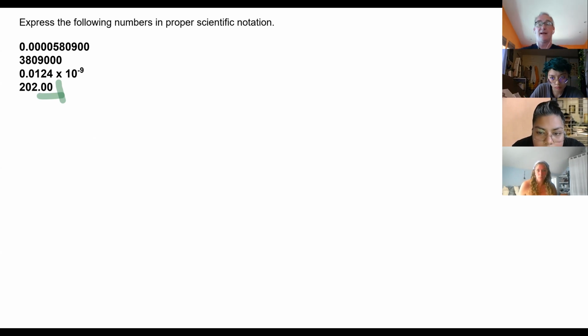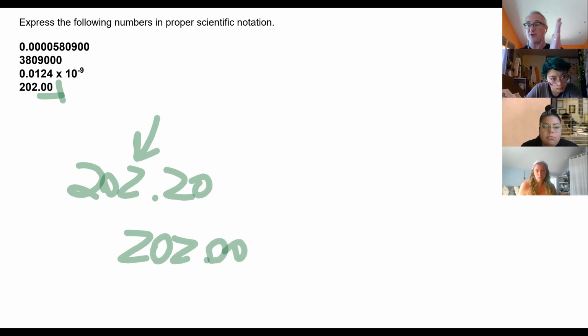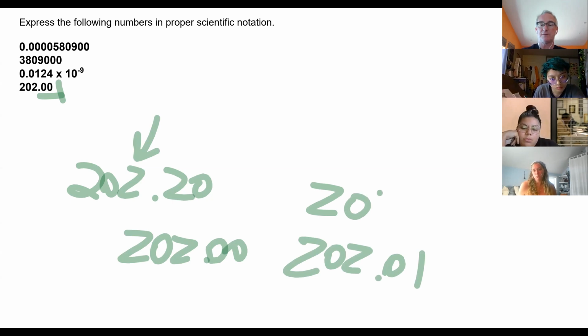Doesn't matter. It doesn't have to be 2.0220 because that's an actual number. This means that 2.200, those 2 zeros are there for a reason. It means a measurement was done where it's not 2.201 and it's not 2.199.